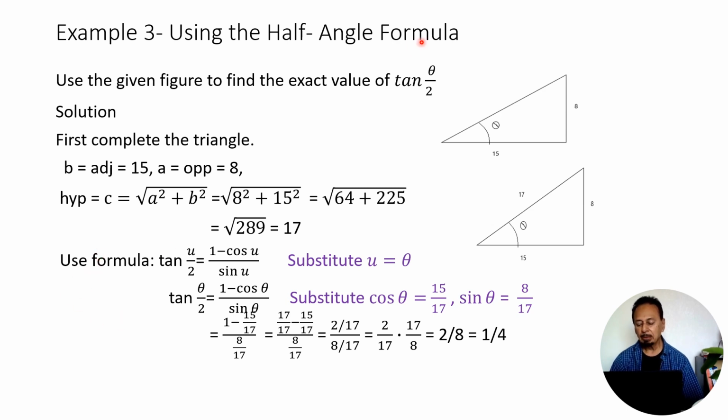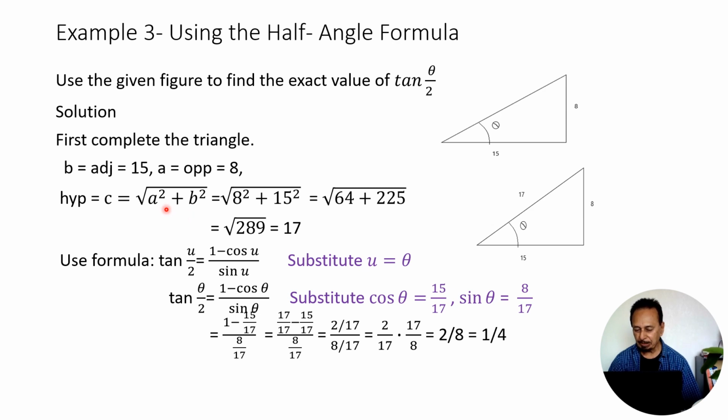Example 3. We're going to use the figure to find the exact value of tangent theta over 2. So we have this incomplete right triangle. The base is 15, adjacent is 15 and opposite is 8, and the hypotenuse is missing. So first we complete the triangle. B is 15, A is 8, and we're going to find the hypotenuse C, and the formula is the square root of A squared plus B squared.